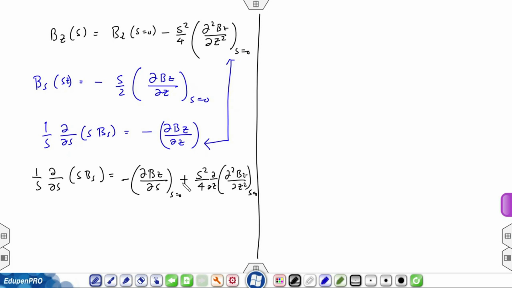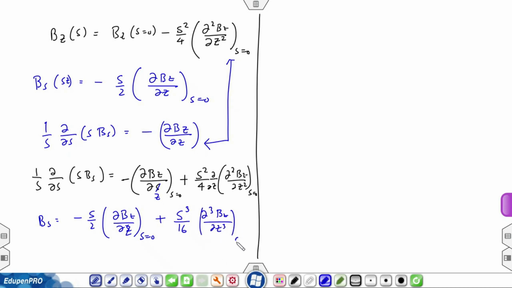Now, I have got a higher order correction, and this immediately gives you that Bs is equal to minus s by 2 dBz by dz, sorry, this is dz, at s equals 0 plus s raised to 3 by 16 d cube Bz by dz cube at s equals 0 plus higher order terms.